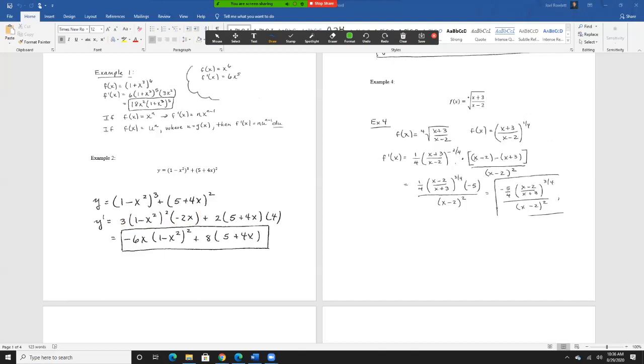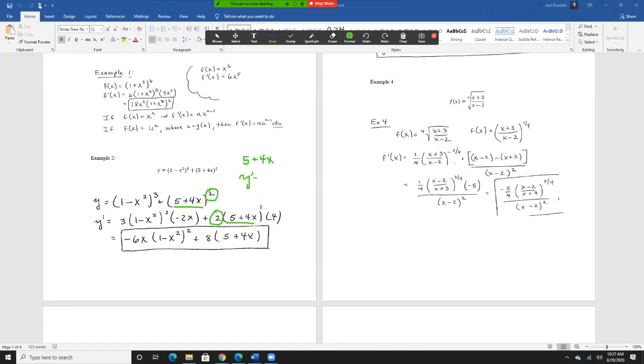To do the second part, again, I have a function raised to the power of 2 in this case, so I do the power rule, which is going to be n times u to the power of n minus 1 times the derivative of the function. Well, the function here is 5 plus 4x. And the derivative of 5 plus 4x is going to be 4.